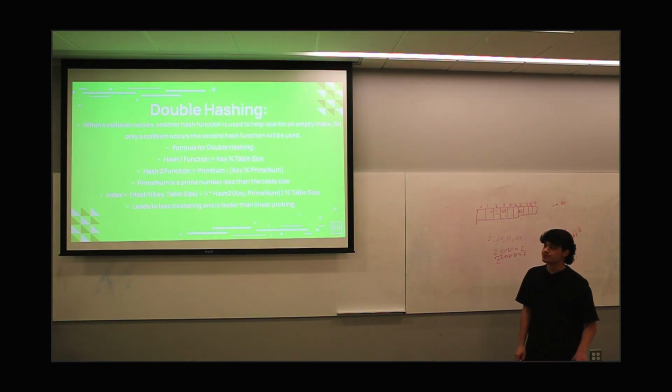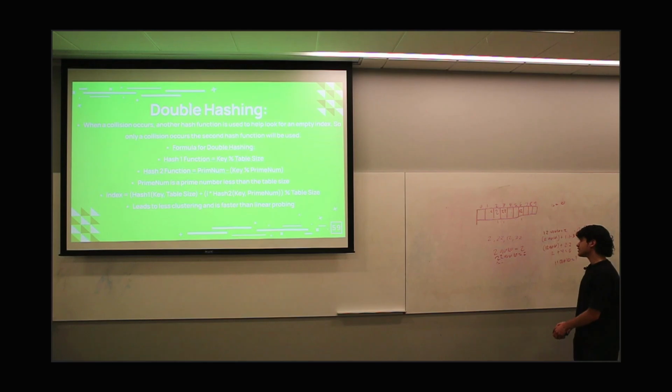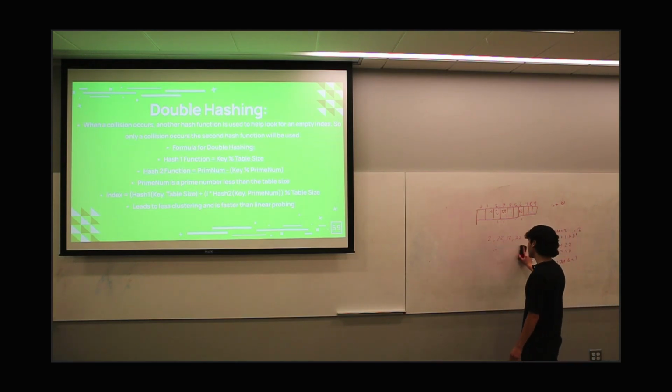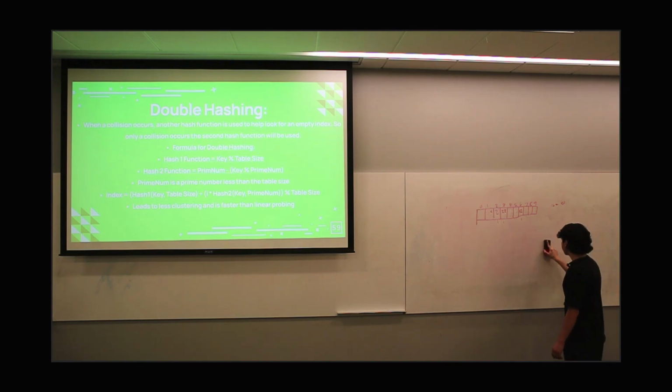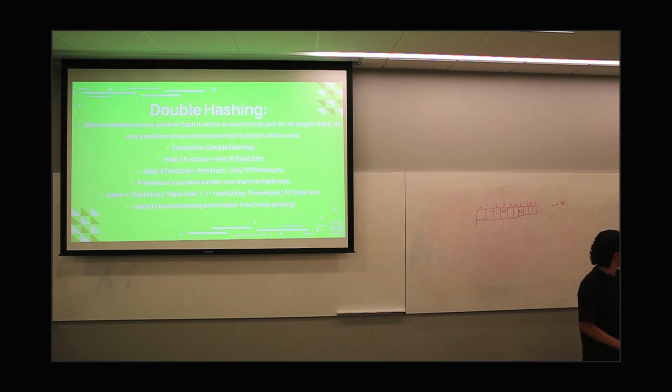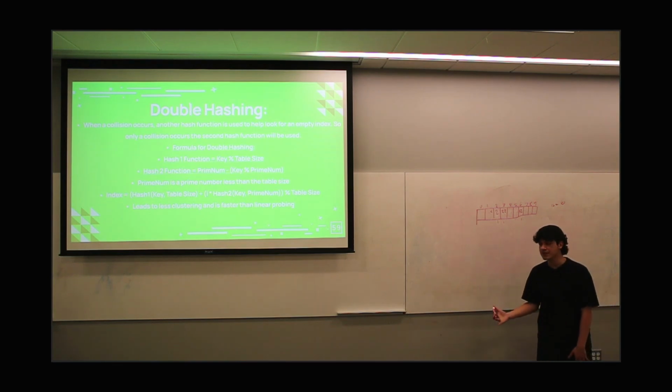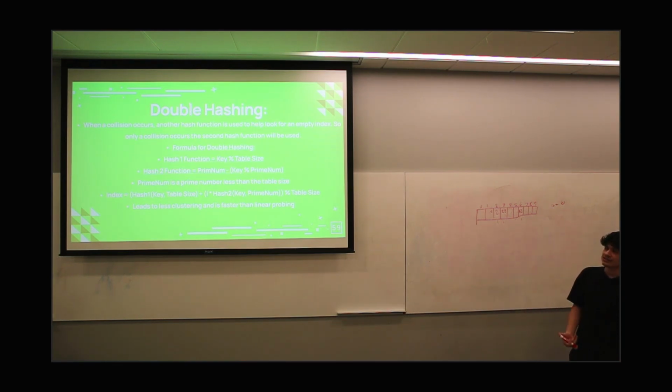Okay, so double hashing is a little bit different. In double hashing, we just have two hashing functions. So if at any point there's a collision in our insert values, if our keys result in the same index, then we're going to use another hash function.